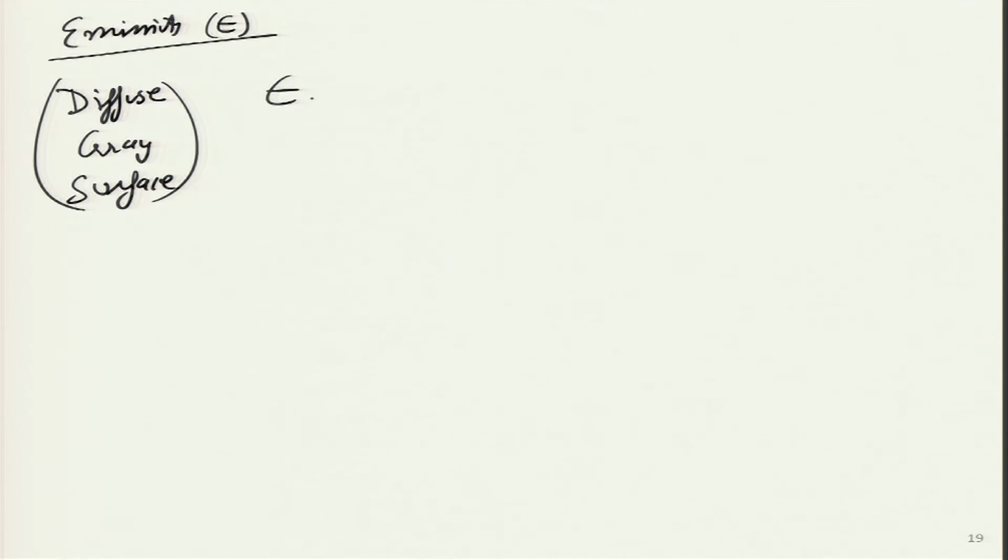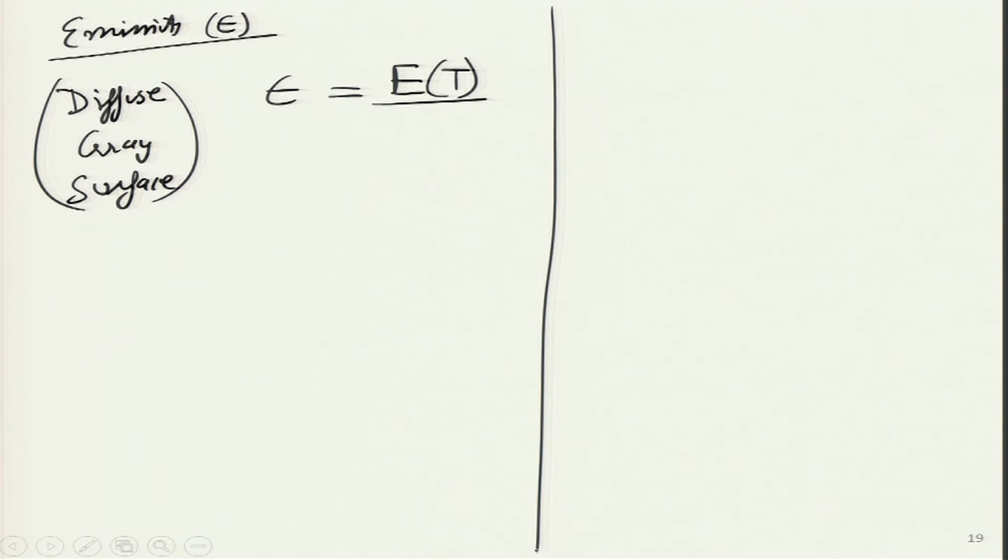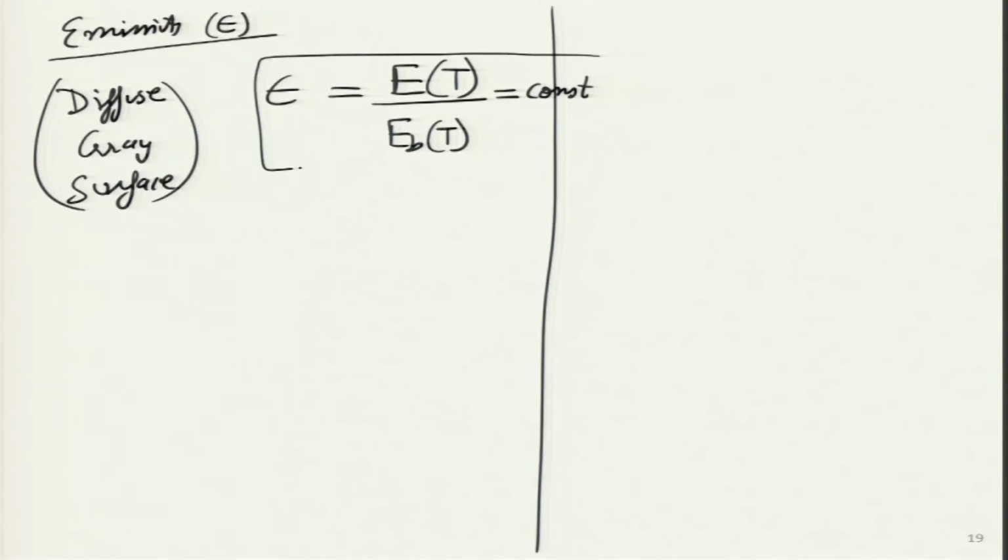I can write emissivity is simply the emissive power of that real body divided by the emissive power of a hypothetical black body, and its value is a constant, which means a body which has emissivity which does not change with wavelength. In this equation that I have written on the screen, there is no dependence on wavelength.